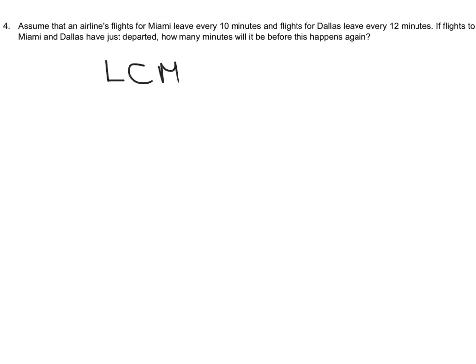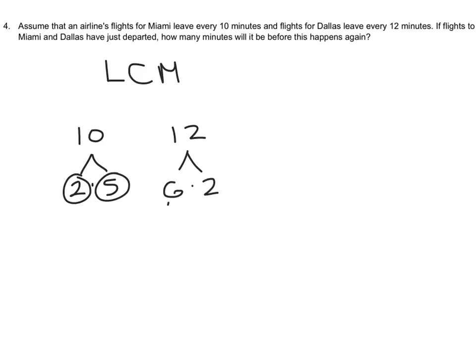So we'll follow our process for finding the least common multiple. First, we need to factor 10 and 12 into the set of prime factors. 10 is 2 times 5. 2 and 5 are both prime factors, so we'll circle those. 12 is 6 times 2, and 6 can be broken into 3 times 2. So the prime factors are 2 times 2 times 3.